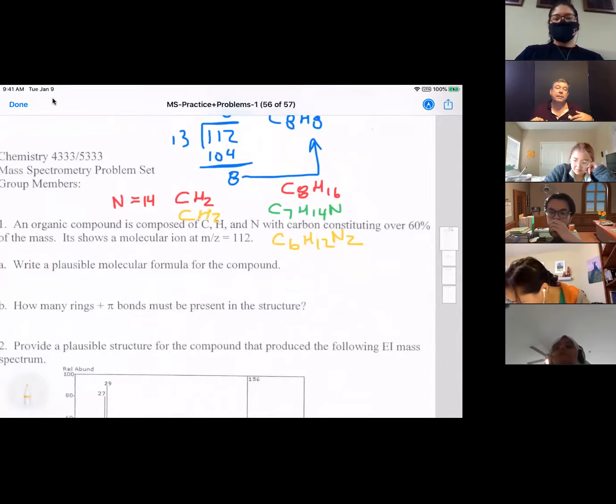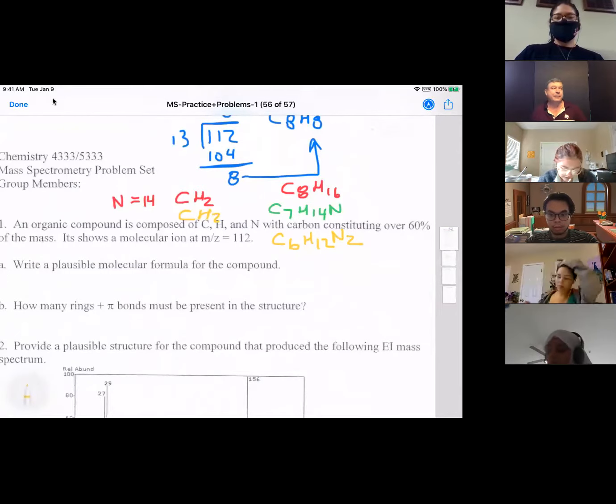So the next thing I ask is, how many rings or pi bonds must there be? What I'm really asking you to do is calculate the hydrogen deficiency index, right?